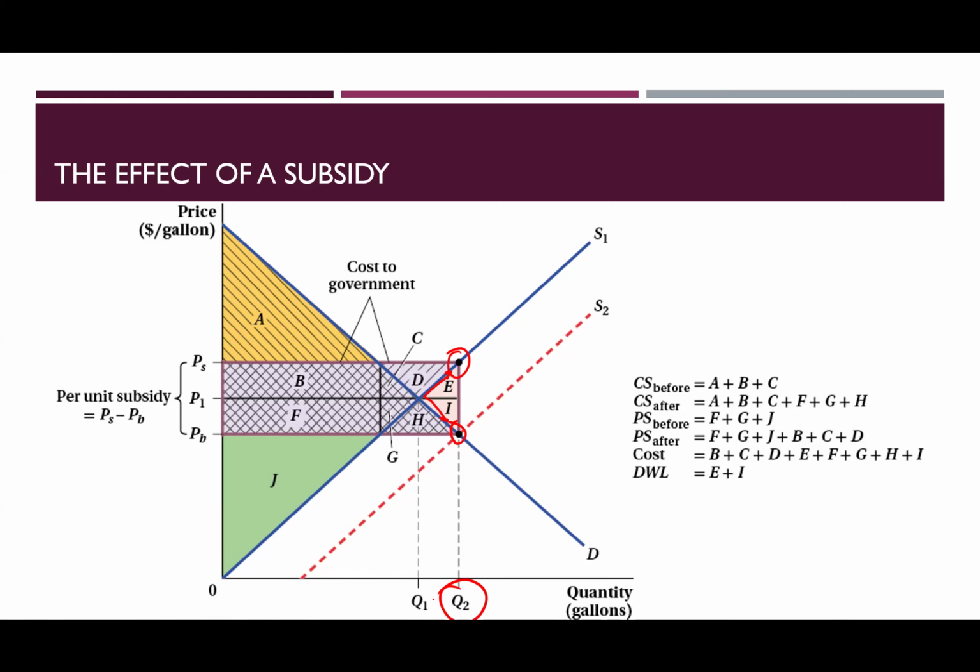Before the subsidy, consumer surplus was areas A, B, and C. Now, after the subsidy, it's areas A, B, C, F, and H. Before the subsidy, producer surplus was J, F, and G. Now, with the subsidy, it's J, F, B, C, and G. So we get that overlap, where both consumers and producers are enjoying areas F and G after the subsidy.